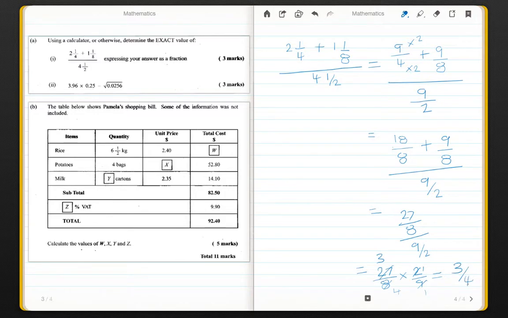So here we have it. That is question A, part 1. A typical question, as I said, you can always use your calculator, but you can make mistakes. It's always best to show working and get your full marks.